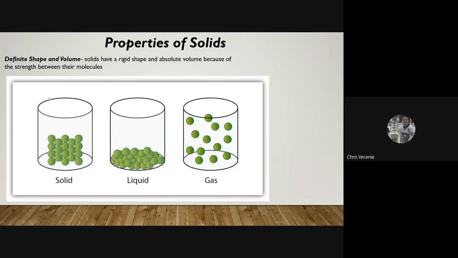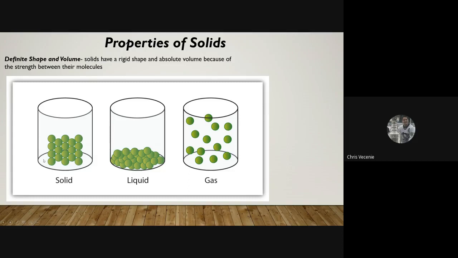A solid, on the other hand, has very strong forces holding it together. So strong, in fact, that the particles can only vibrate next to each other. They cannot separate or slide by each other. Because they can't move, their shape is fixed.